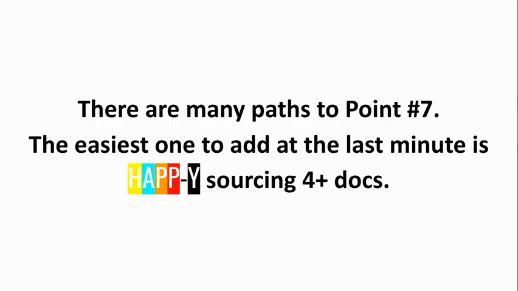You can go back through the essay, find each document, find your notes from the beginning, and see whether there are any others you can do the happy sourcing for. I've seen several authors simply try it on all 7 of them. If you've got 10 minutes left, try it once for each document. You're almost guaranteed to successfully do it 4 times if you try it 7 times. So if you have time, this is my recommendation on how to grab that last point at the last minute, having not particularly planned for it.